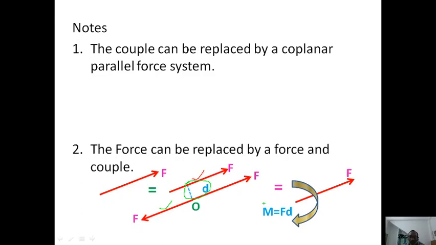So this forms a couple M equal to Fd. And what is the remaining one? The remaining one is this force. So I replaced the same thing, drawn here as force F. So a force can be represented as a couple and a force, right? These are the possible cases.